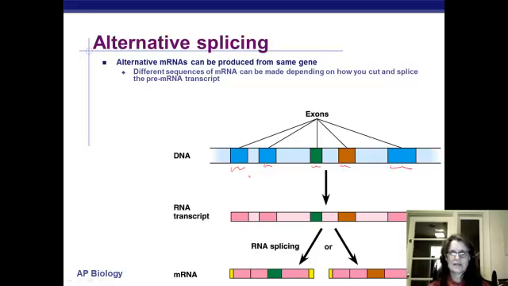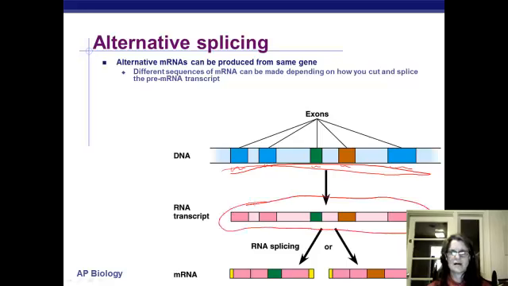And this is the DNA, of course. This is the RNA. We copy that DNA to get our RNA, but depending on what we take out, if we take out this green, then we get this gene, but if we leave the green and take out this, we get that. All because we took out something different and left other things in.